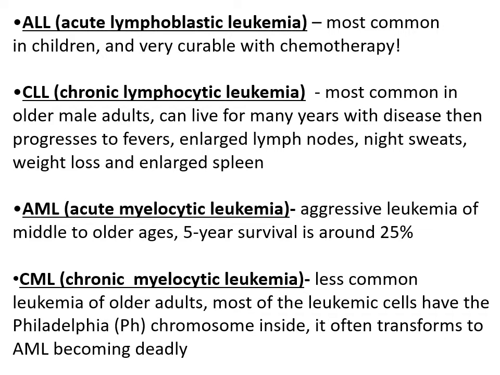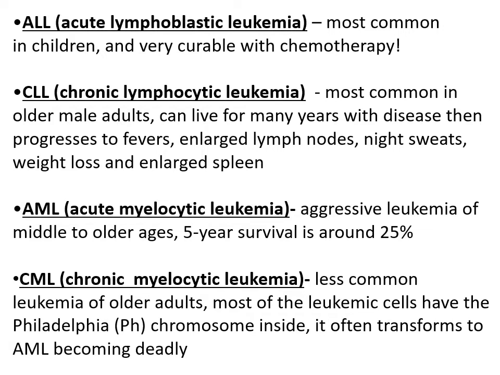And do they have an elevated white blood cell count in their bloodstream? Absolutely, it's a cancer, right? Does it progress to enlarged lymph nodes, fevers, night sweats, weight loss, and enlarged spleen? Definitely, but it just happens over years, okay?